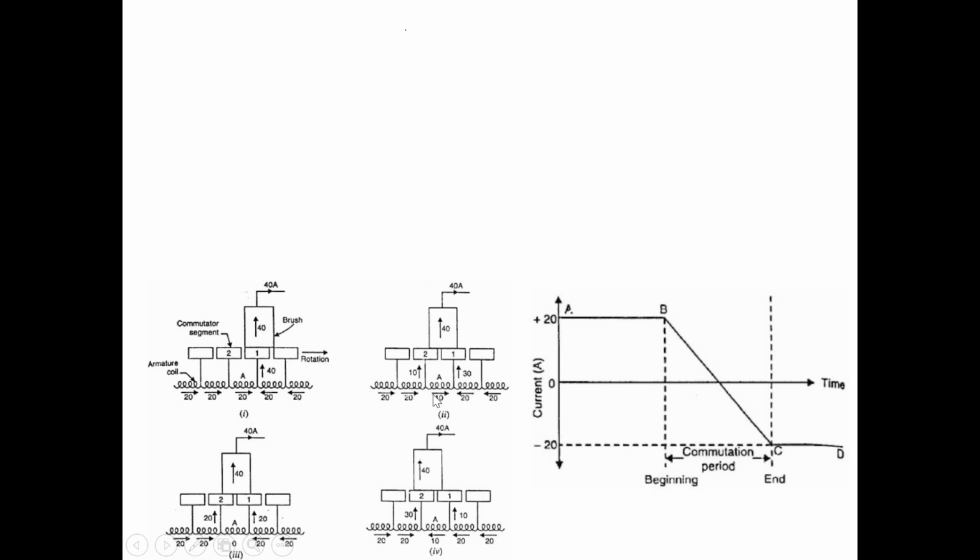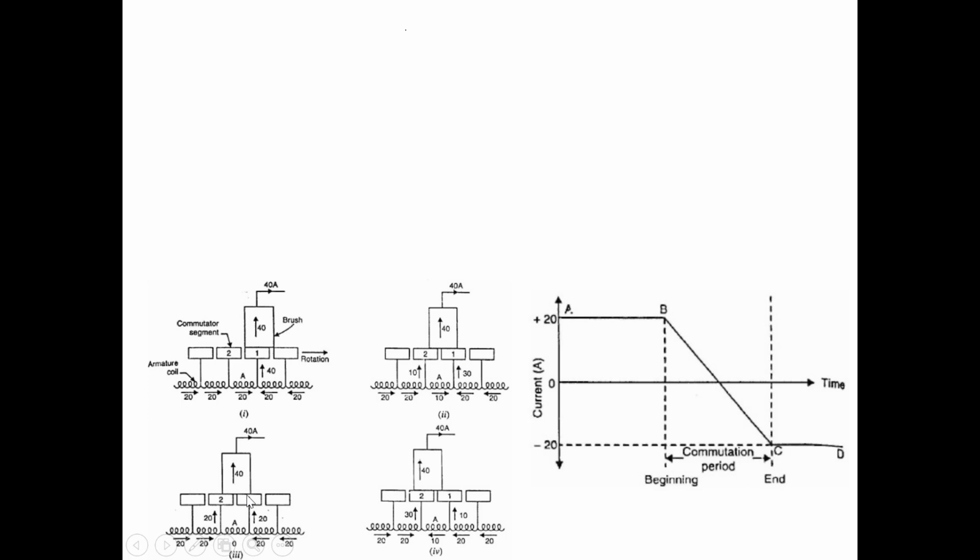That means if 66% of the brush part is on segment 1 and 33% is on segment 2, then that percentage of current is flowing through this coil and the rest will be flowing through this coil. That means 30 ampere current is flowing through this coil and 40 ampere going to this coil. That means 75% current is flowing through this coil and 25% is going to this coil, because 75% of the brush contact is with this commutator.